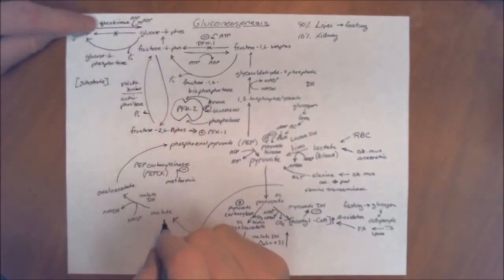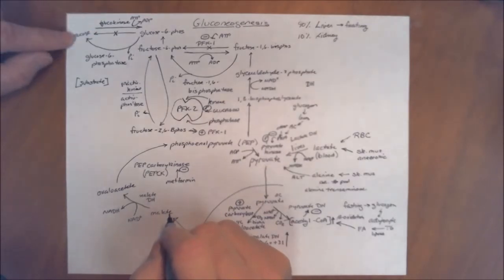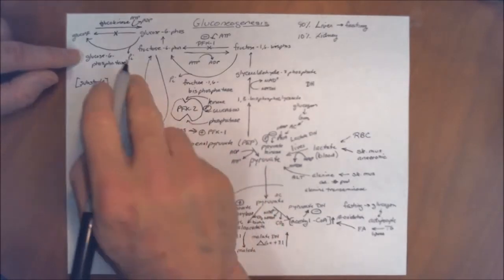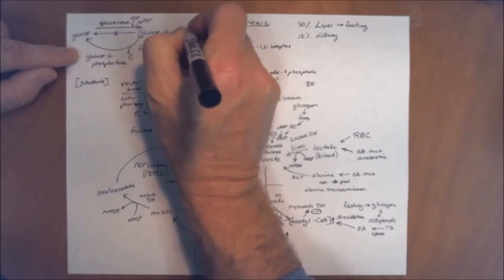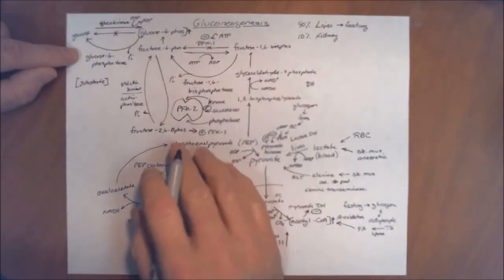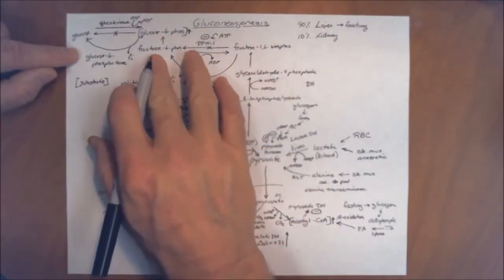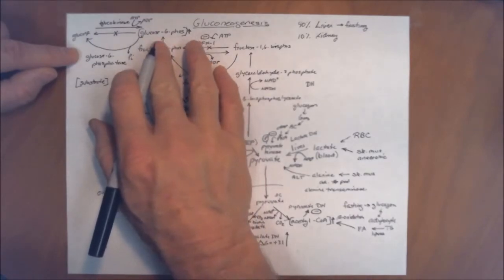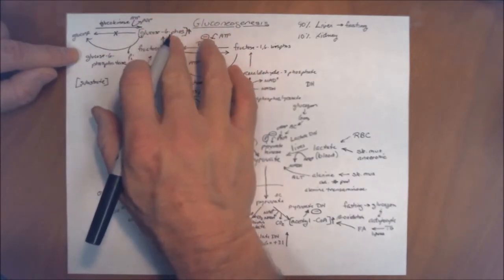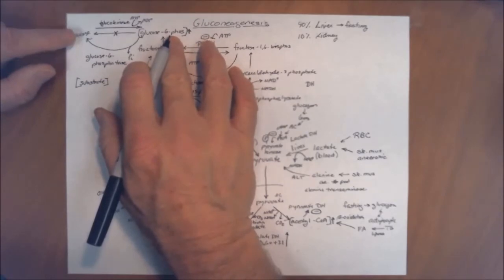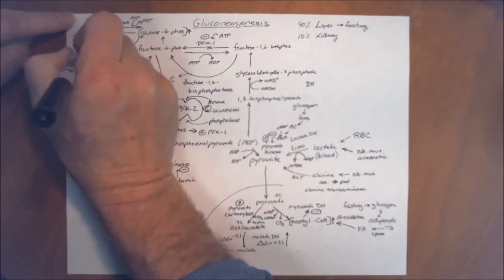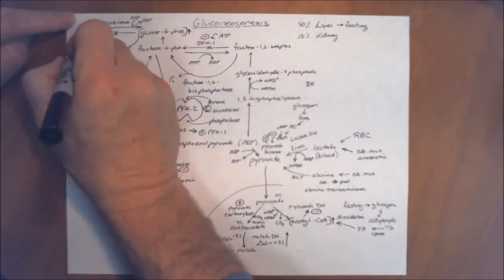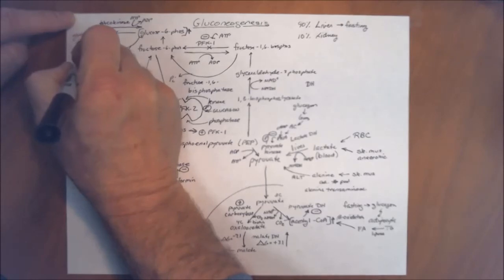Recall that the affinity of glucokinase for glucose is very low. Under these conditions of fasting, glucose 6-phosphate concentration is going to be relatively high because we have lots of substrate coming up the reverse of glycolysis to generate glucose 6-phosphate. The glucose will exit through GLUT2, glucose transporter 2, from the liver and into the blood.